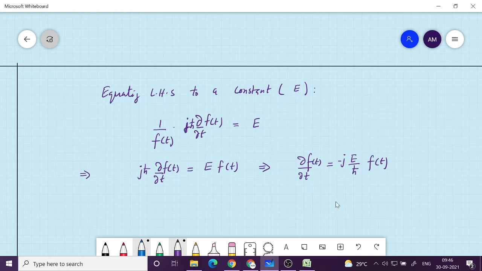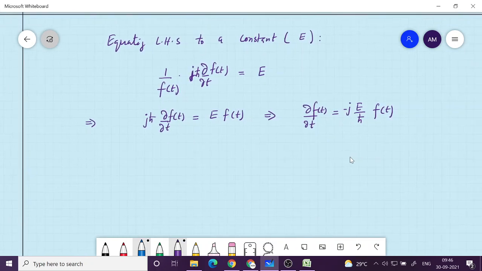So that is a 1D differential equation. Or you can write it as dou f of t by dou t plus j E by h cut f of t is equal to 0.